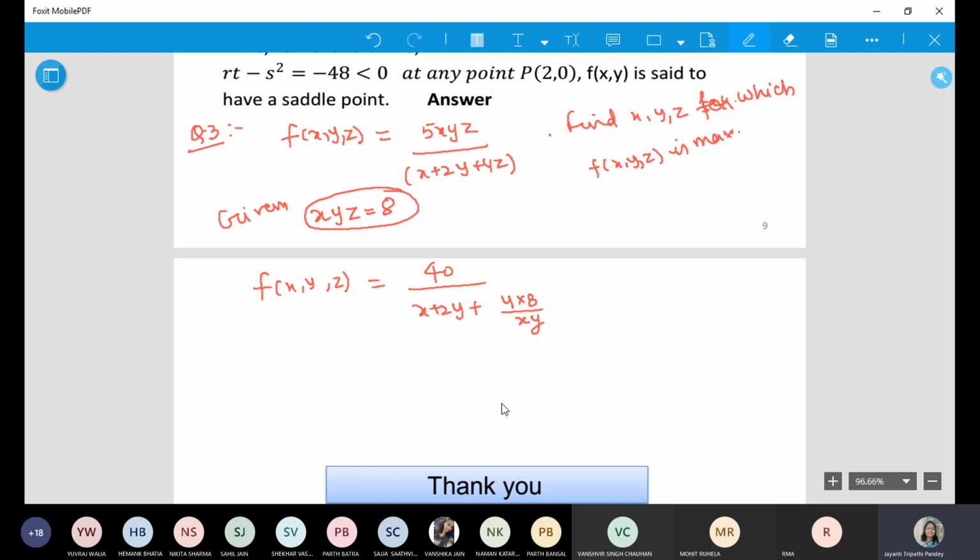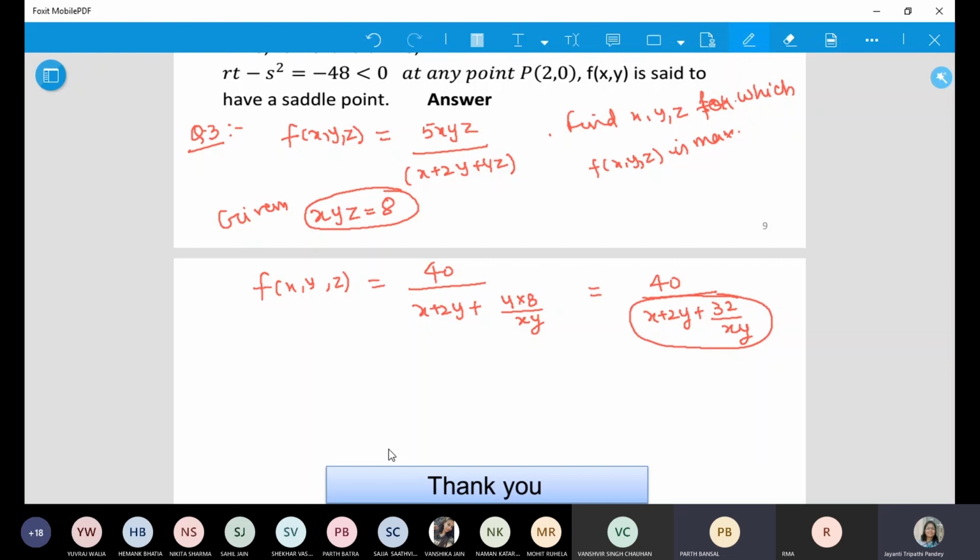Yes or no? So you can write it as x plus 2y plus 32 upon xy. Now I want you to focus on the fact that f(x,y,z) is maximum when this is minimum. Agreed or not? Yes, ma'am.